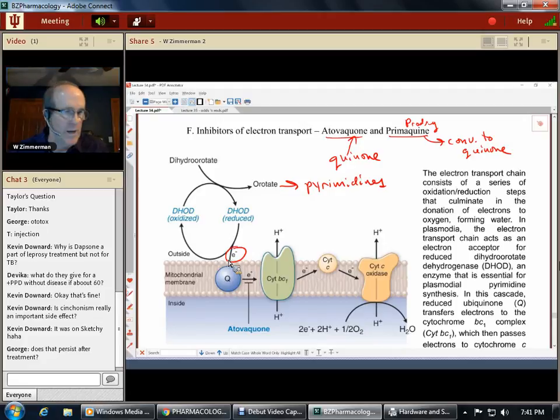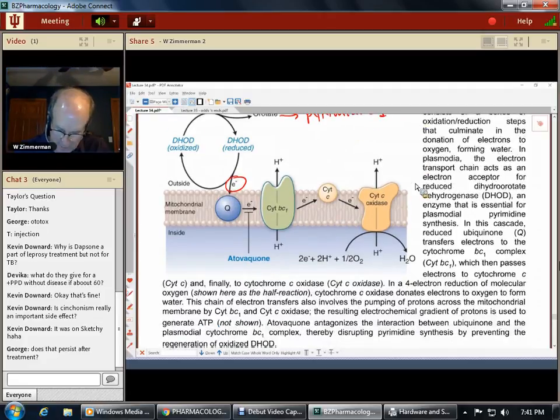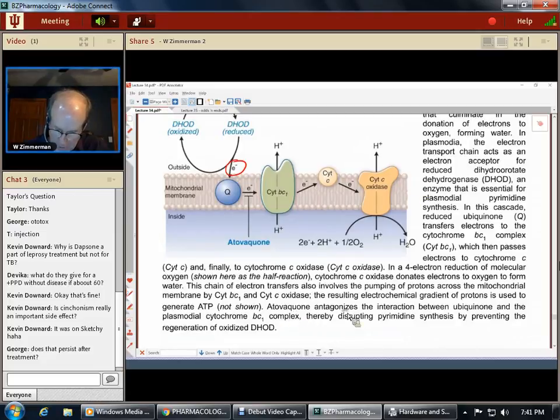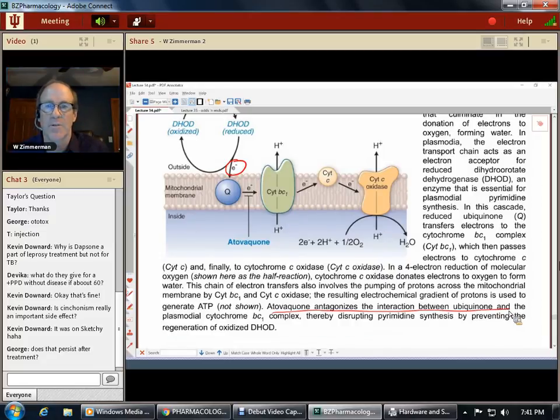And what happens here is that, I think I've got it typed down here, yeah, atovaquone antagonizes the interaction between quinone and the BC1 complex of electron transport. And when you do that, that's going to disrupt the pyrimidine synthesis because you're not going to be able to regenerate the oxidized dehydrogenase.